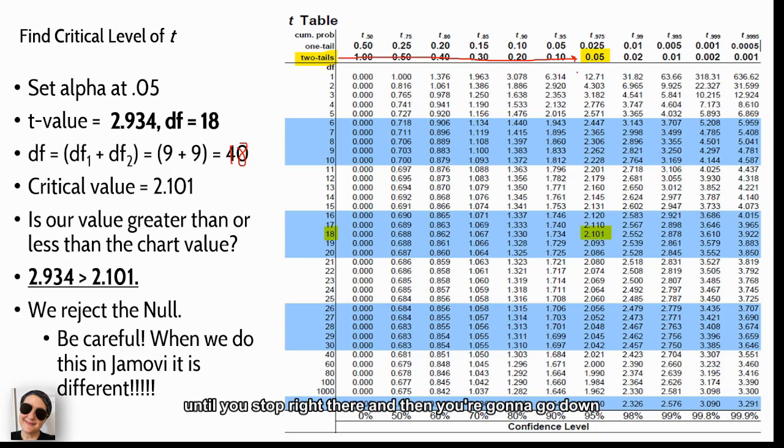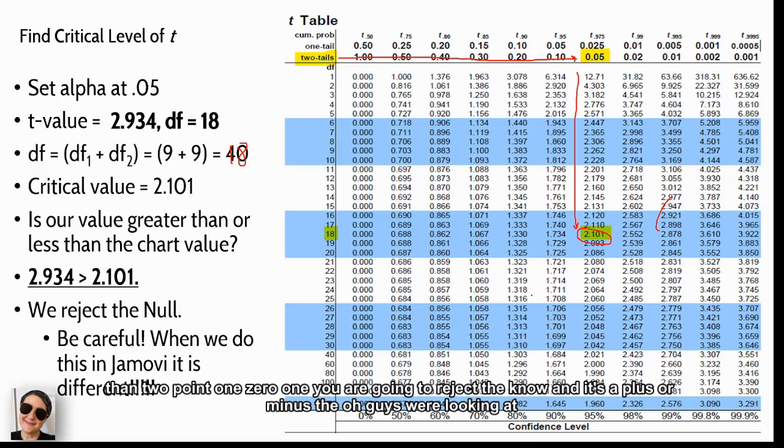And then you're going to go down until you get to your degrees of freedom, and our degrees of freedom was 18. So our critical value is 2.101. That means as long as your t value is greater than 2.101, you are going to reject the null.